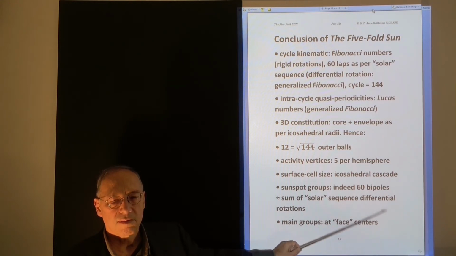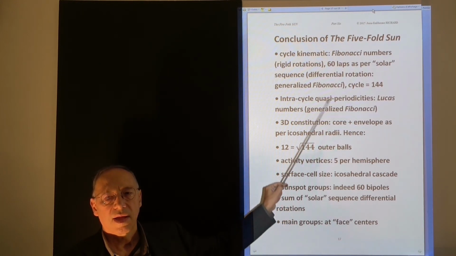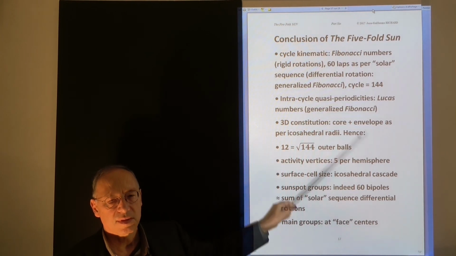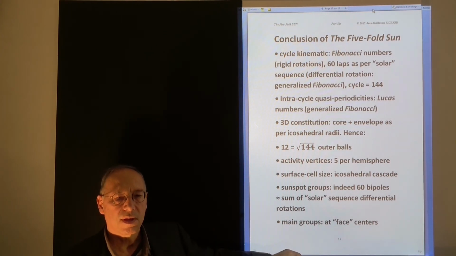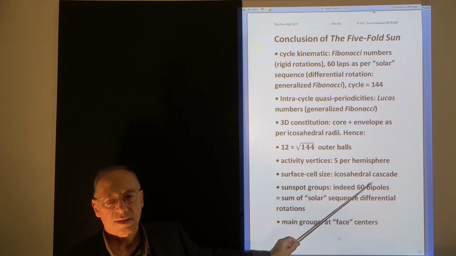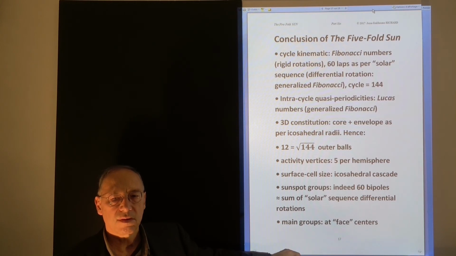And finally, we found in the last few videos at the solar surface as well that there are indeed 60 bipoles, characteristically as expected from the 60 laps according to a sort of Babcock model of differential rotation winding of magnetic field lines. 60 is the sum of the solar sequence differential rotation.